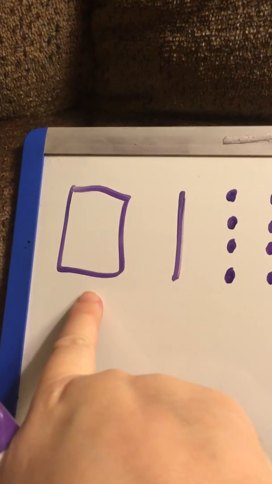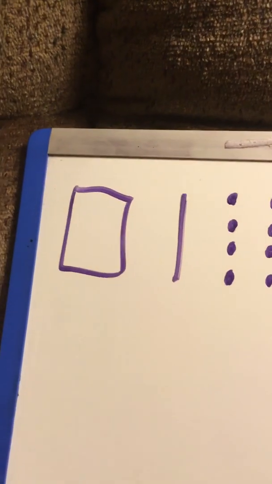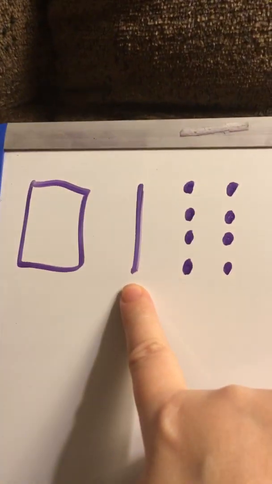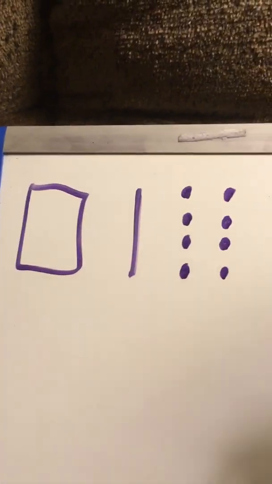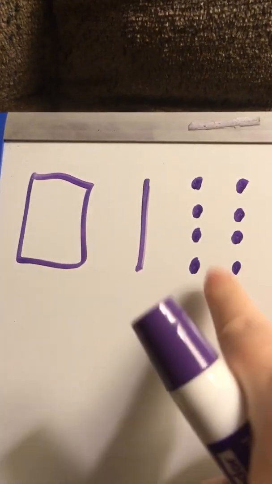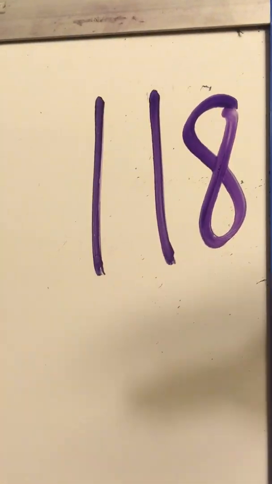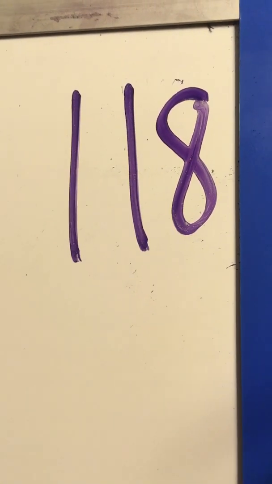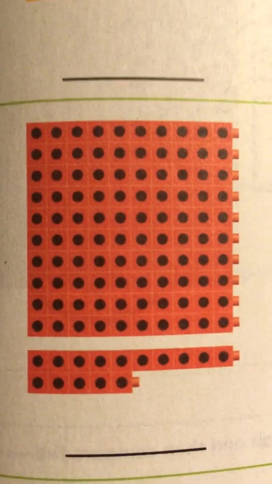So how many hundreds blocks do we have? Right, we have 1. How many tens do we have? How many tens blocks? We have 1. And how many ones? We have 8. So that's how you write 118. Okay?